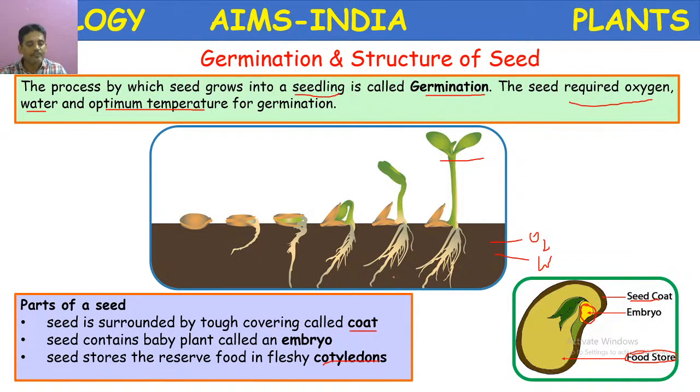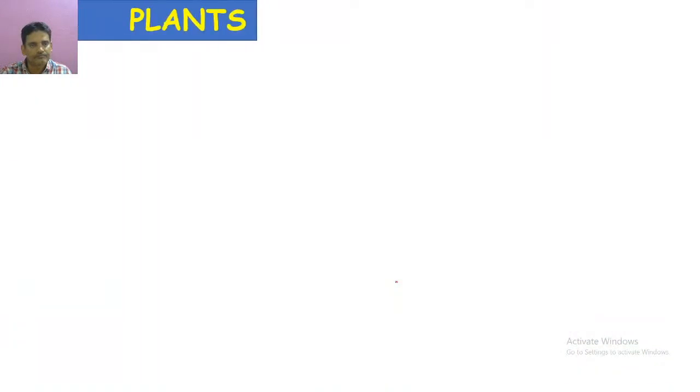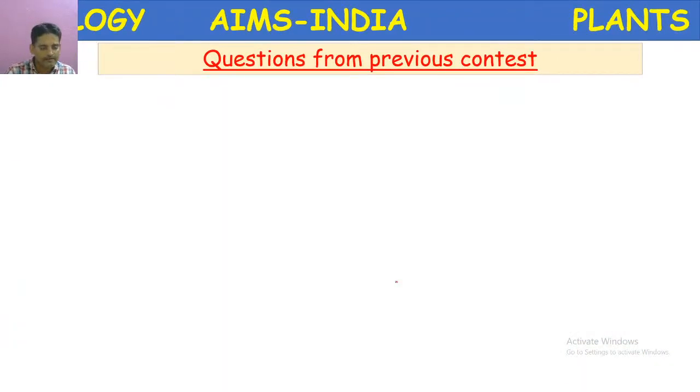So now let us go through the exercise. How far have you understood? One of our friends asked, what is optimum? Optimum is the term which represents the conditions which are required, meaning average. The optimum temperature is between 20 and 30 degrees.